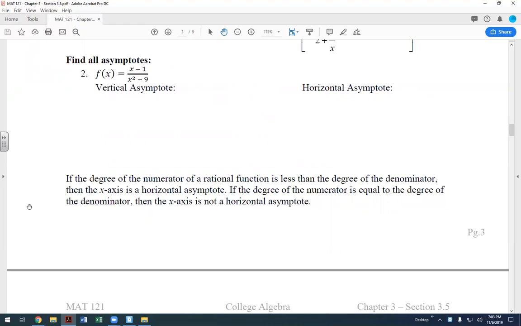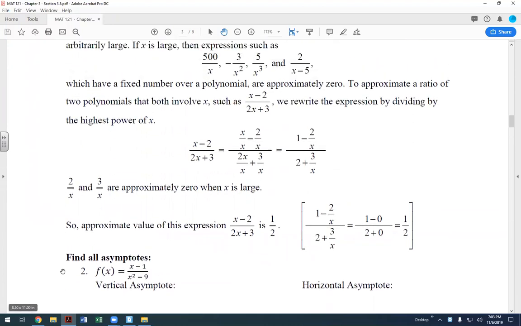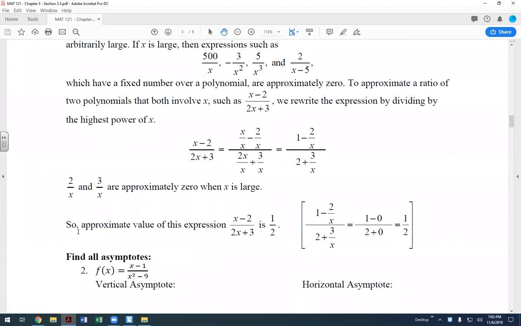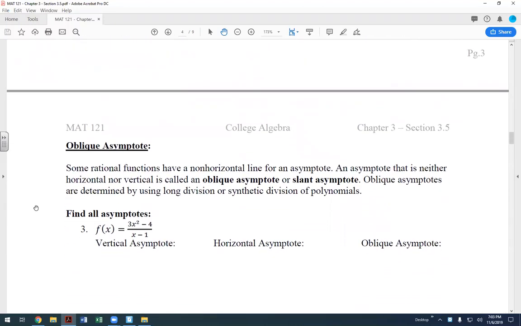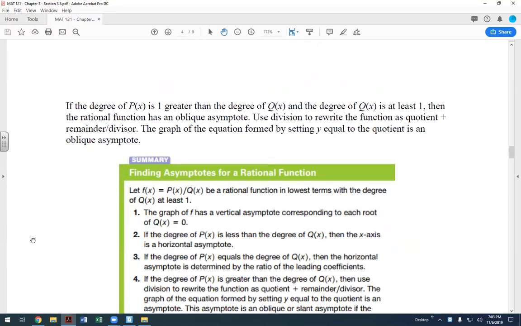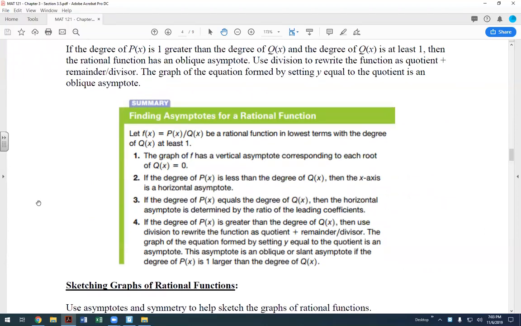If the degree is the same between the numerator and the denominator, it's definitely not going to be the x-axis, because remember what I told you, it's going to be the coefficient of your leading terms, so that's going to be 1 over 2 when you're talking about the horizontal asymptote, and we're actually summarizing that right here.